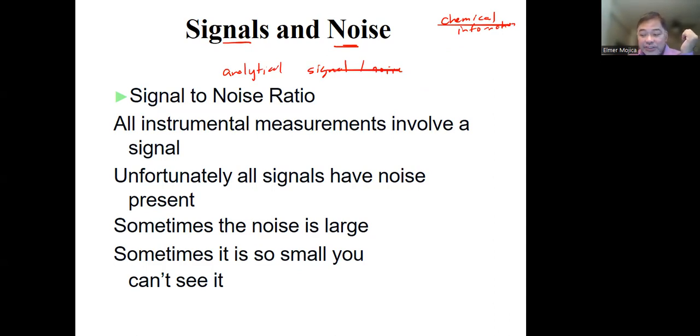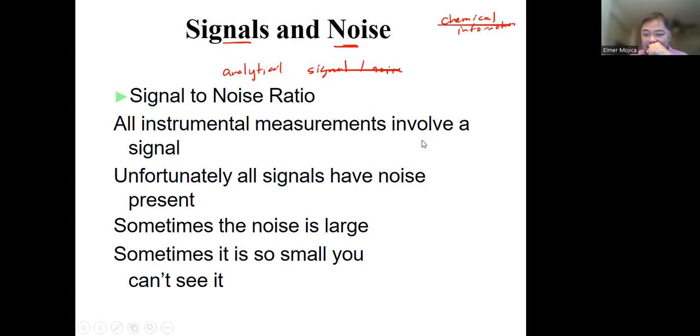Unfortunately, all signals have noise present. And in some, the noise is large, but sometimes it's so small you can't see it. The problem with the noise is affect the accuracy and precision of your data, of your signal. Okay? Sometimes the noise limits the detectability of every instrumental method.